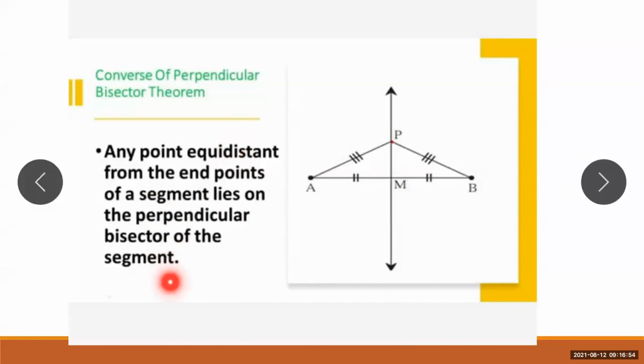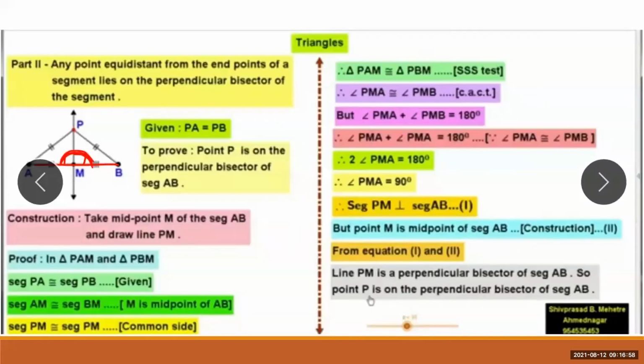Now see the proof here. We know the statement we just saw: any point equidistant from the end points of a segment lies on the perpendicular bisector of the segment.